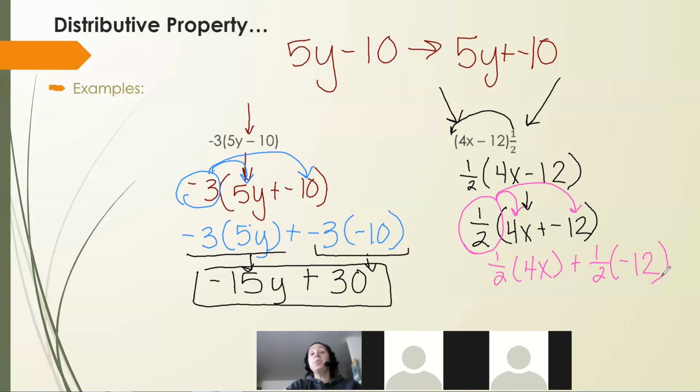And here's the cool thing about multiplying by half. Multiplying by half is exactly the same as dividing by what number? Because right now, this expression says I'm going to take 1/2 of 4x and then 1/2 of negative 12.